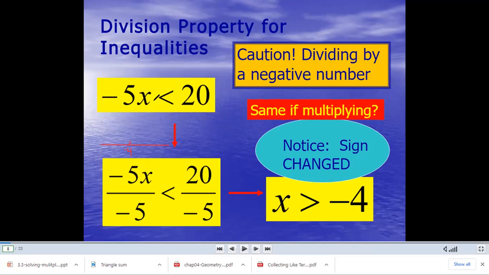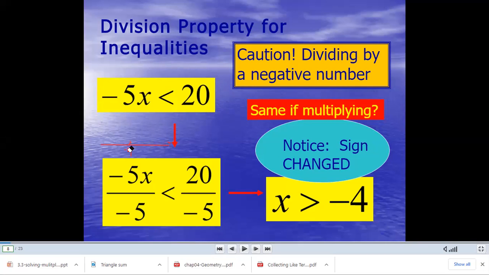To the right, because it's bigger than. So we will move to the right side, like this. Any value more than negative 4 will be a solution for this inequality.